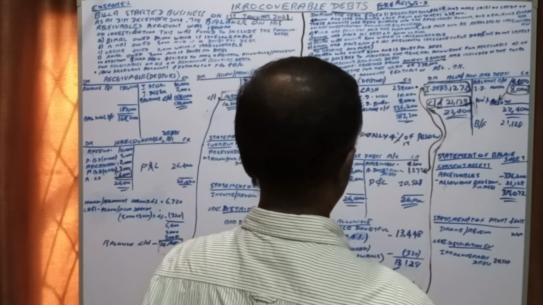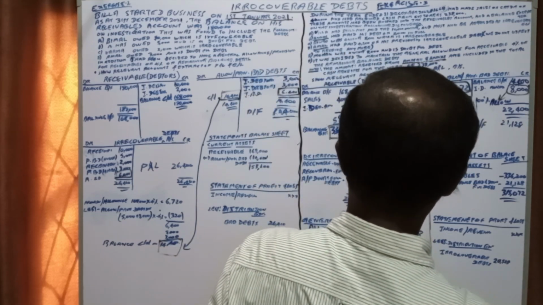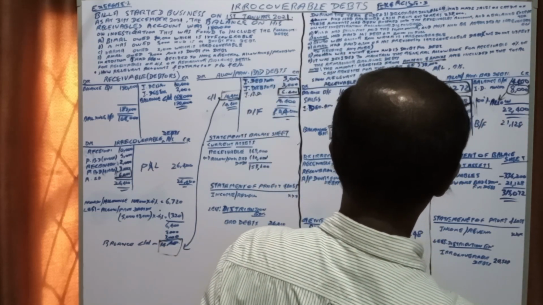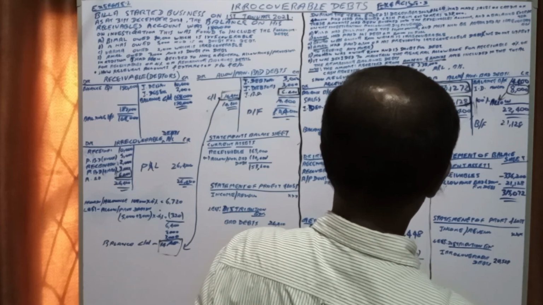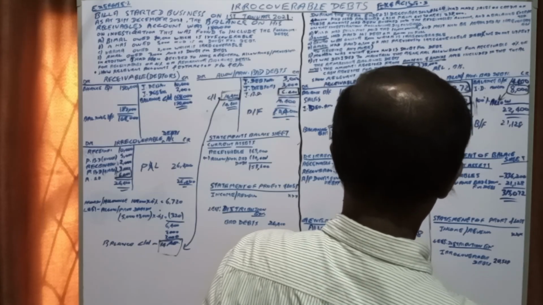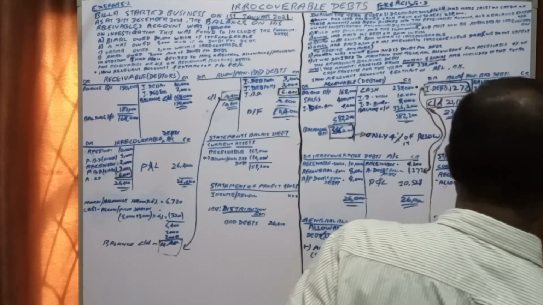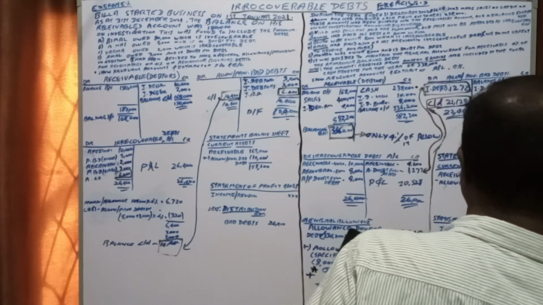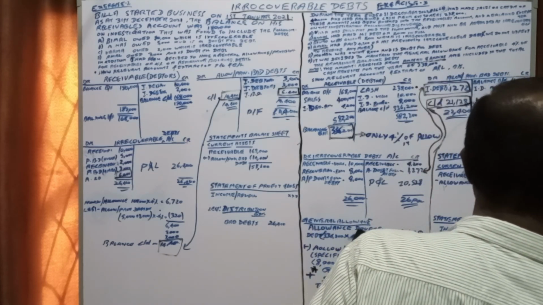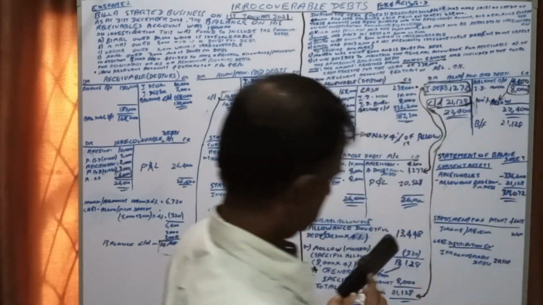This is the credit balance, debited to profit and loss account for 20,528. This is the revenue. Understood?